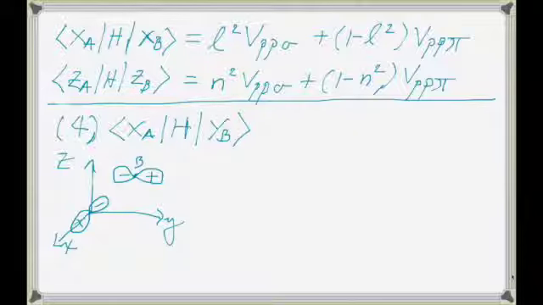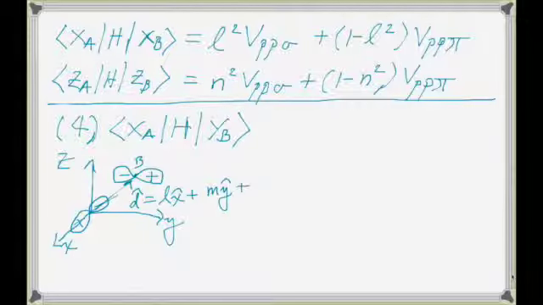And remember that the d vector, d hat, is l x hat plus m y hat plus n z hat, as always for any vector. Those are your direction cosines.